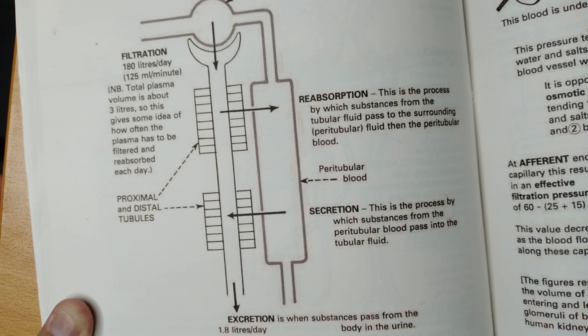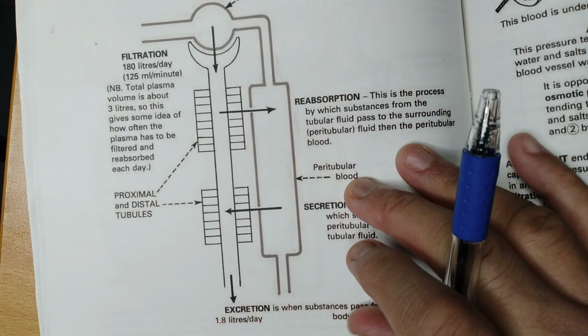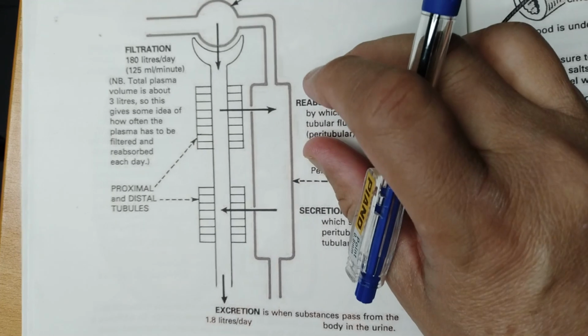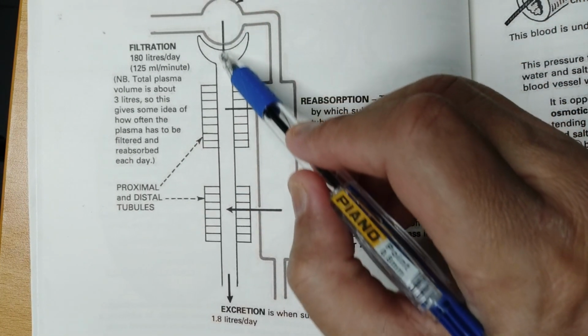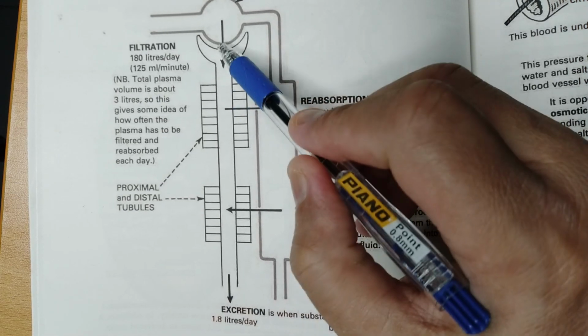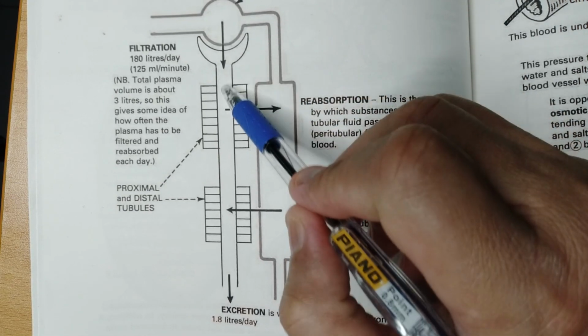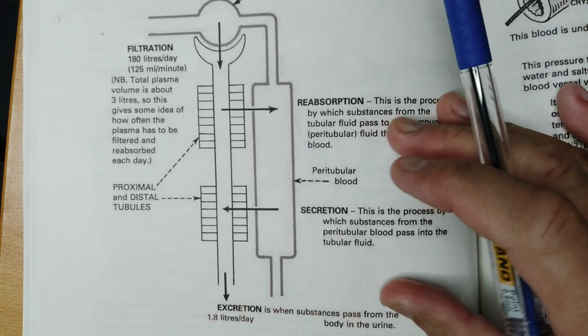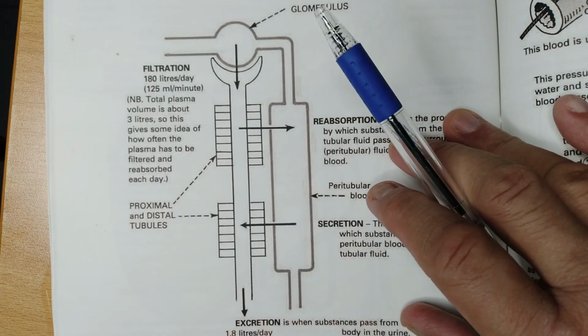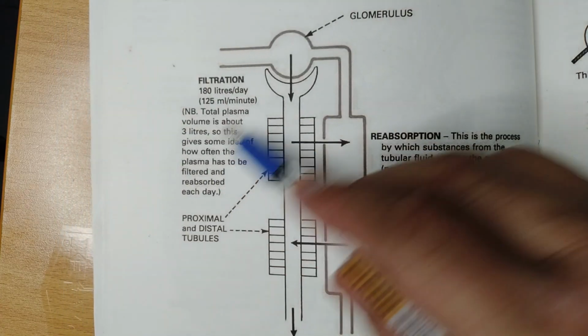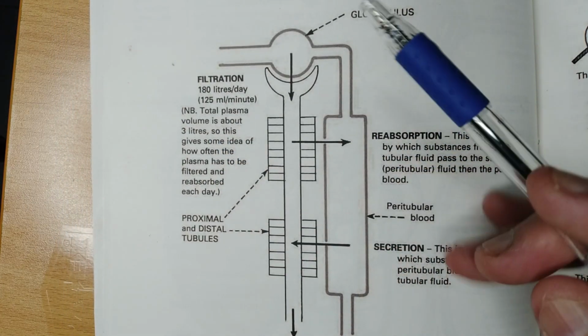So, we should know that urine formation starts at the end of the glomerulus, and the filtered fluid enters through the Bowman's capsule into the proximal convoluted tubule. Its convolutions are not shown here. It has been shown as a straight diagram for the sake of understanding.